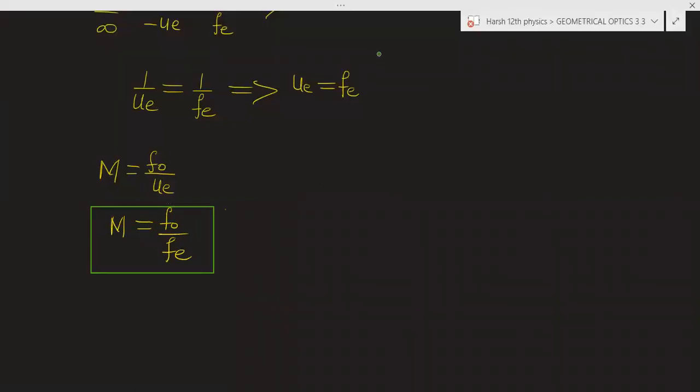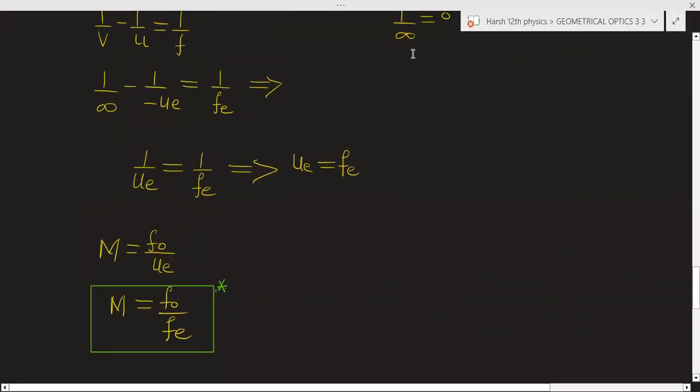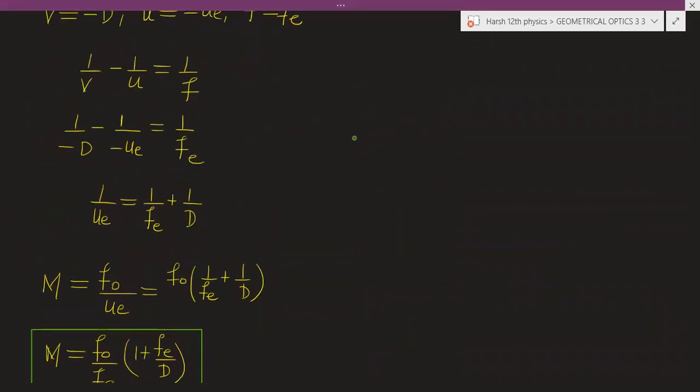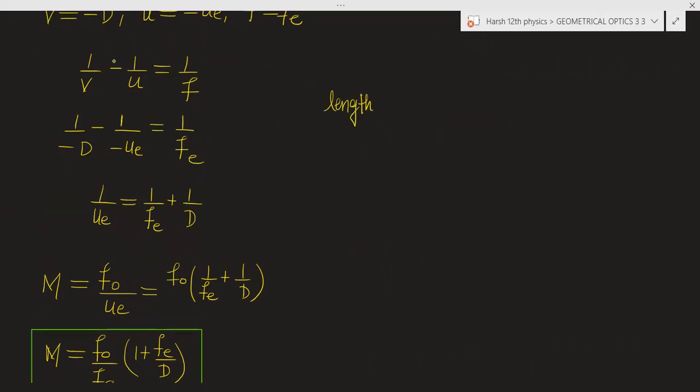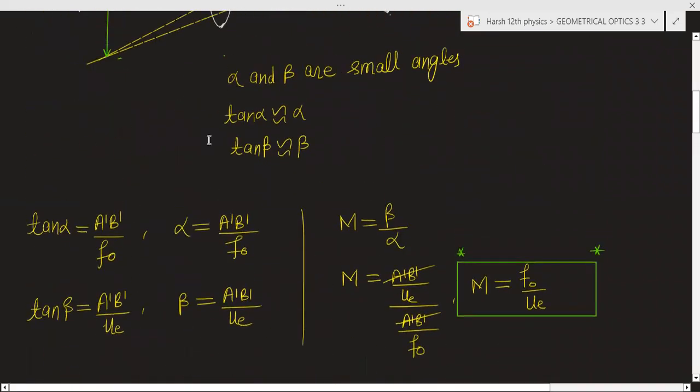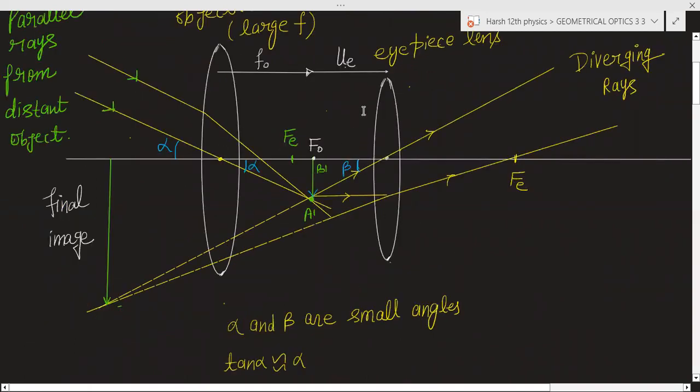Now there is one more term, the length of the telescope, that is L. In this case, the length of the telescope will be the distance between the objective lens and the eyepiece lens.